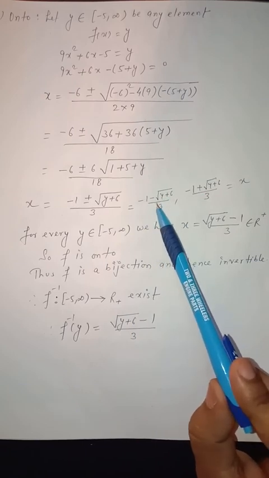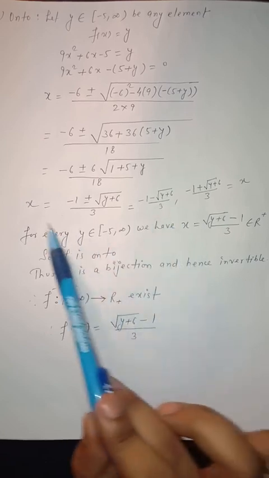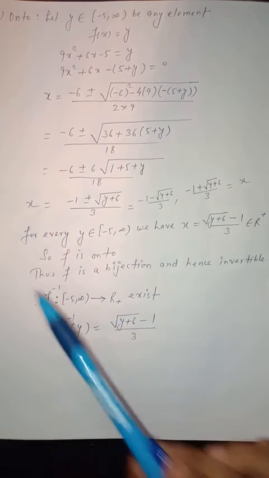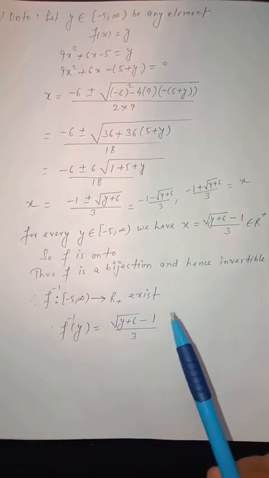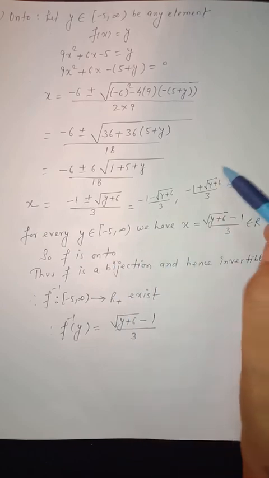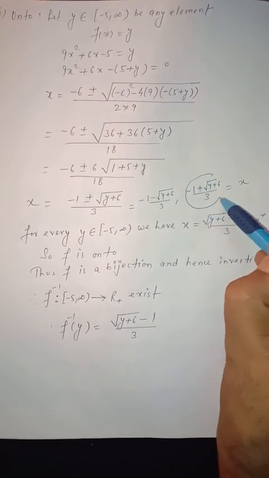Because this term is negative. So x is actually a positive real number. It is given x belongs to positive real numbers R plus. So that's why we will take only this value and we will focus on it.